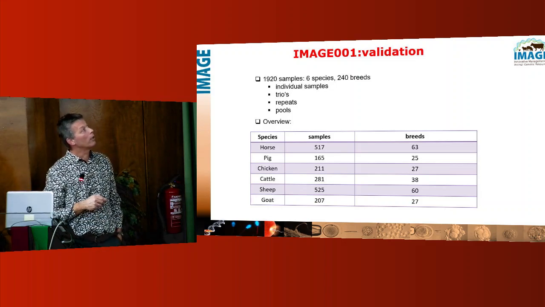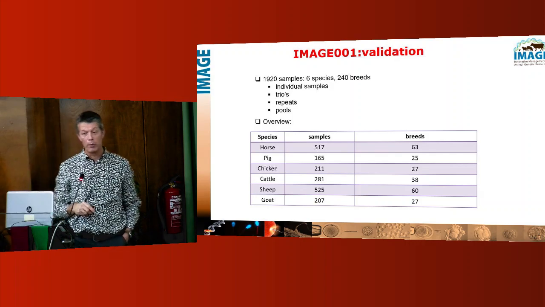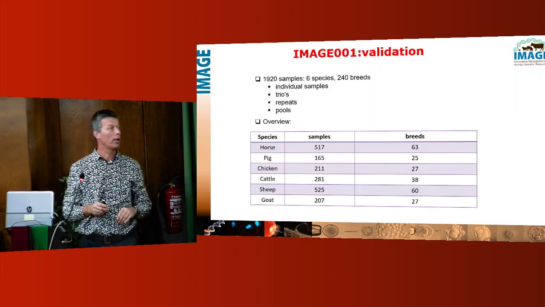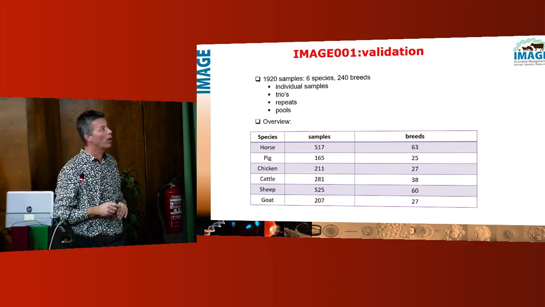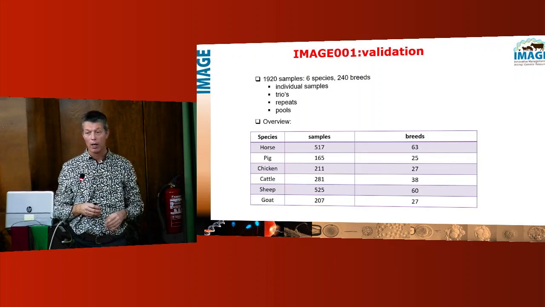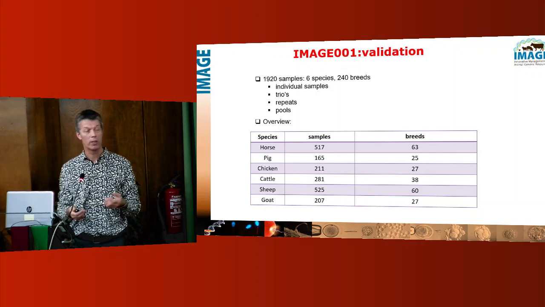So therefore we collected material, 1920 samples, and we did this in collaboration with Work Package 2, where Cyprios and also Paul Boettcher from the FAO sent out an inquiry: okay, if there's an array, are you willing to genotype your samples with such an array?